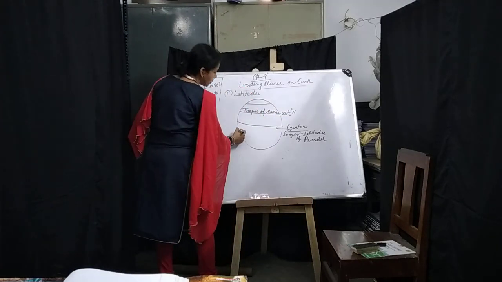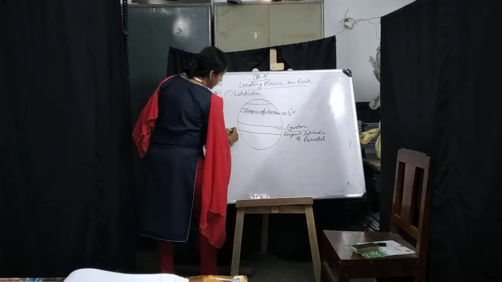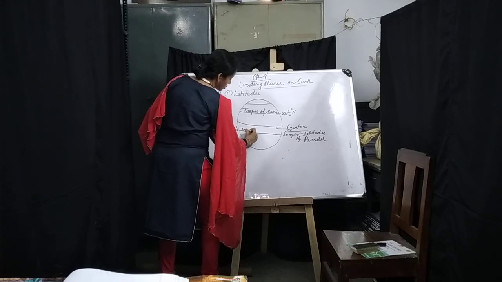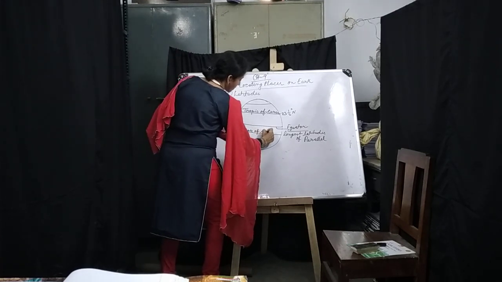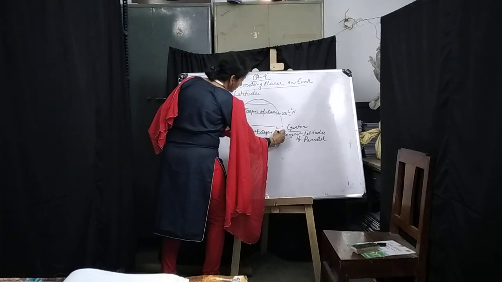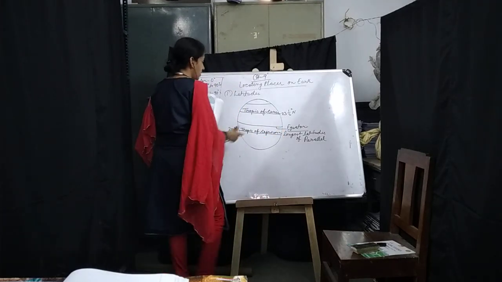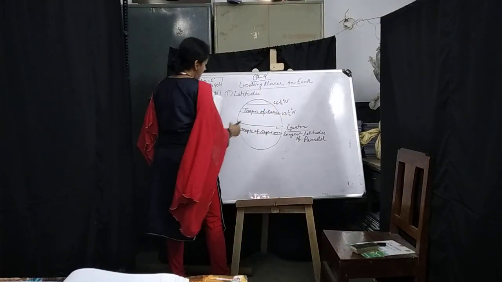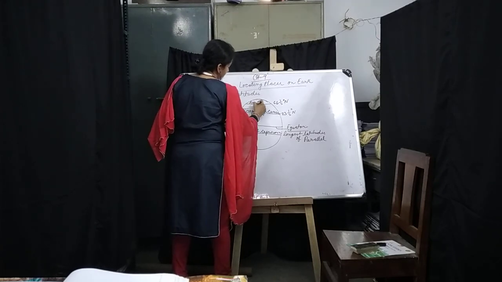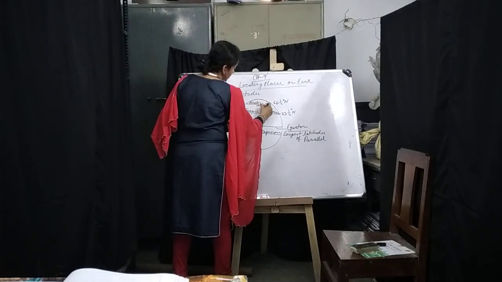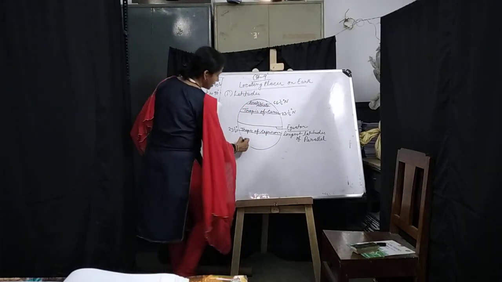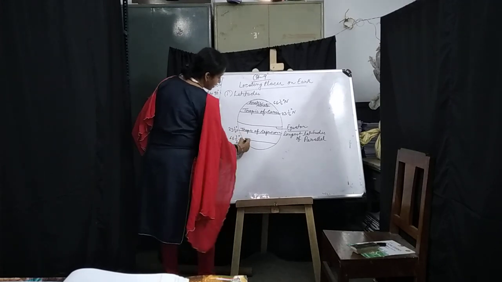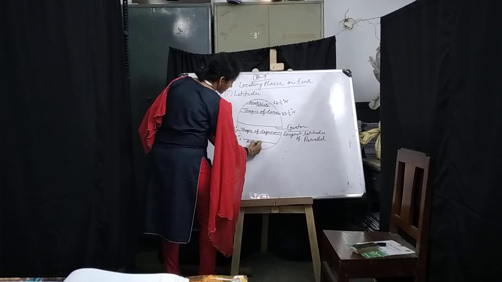If we move below, at 23.5 degrees south, it is called the Tropic of Capricorn. At 66.5 degrees north, it is called the Arctic Circle, and at 66.5 degrees south, it is called the Antarctic Circle.